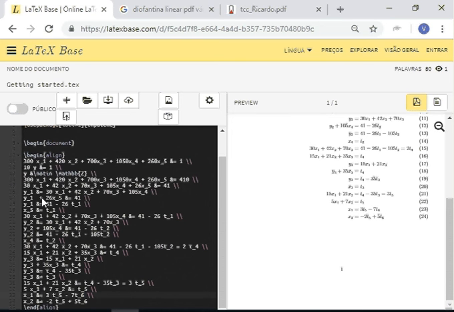All we have to do is to simplify. Here we have x2 to 5 to 6. Parameterize it. x1 to 5 to 6.